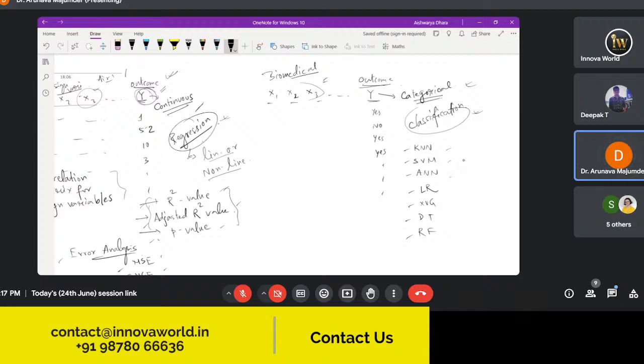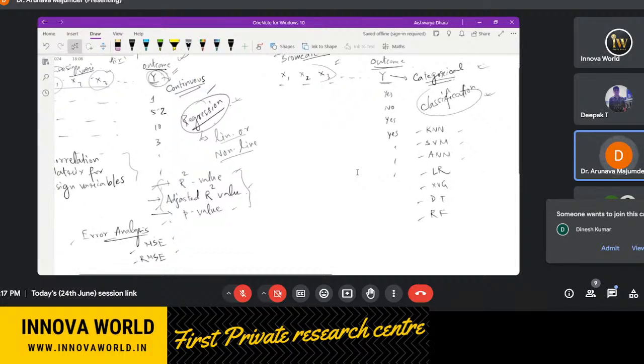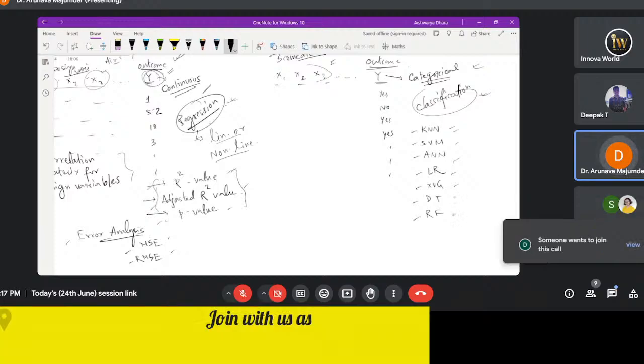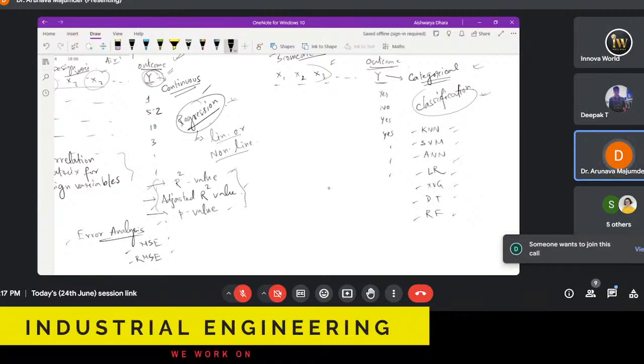After applying these methods, what are the results we need? The whole dataset is given.